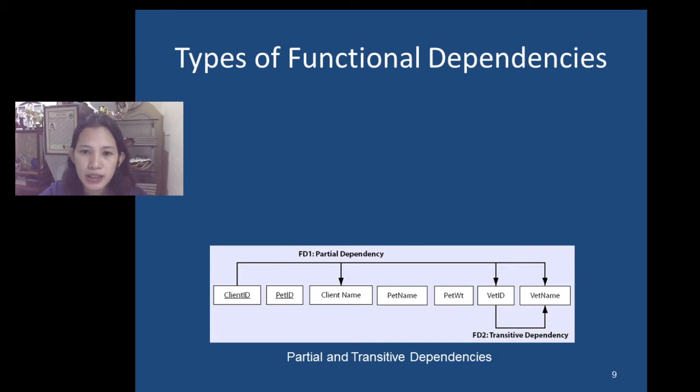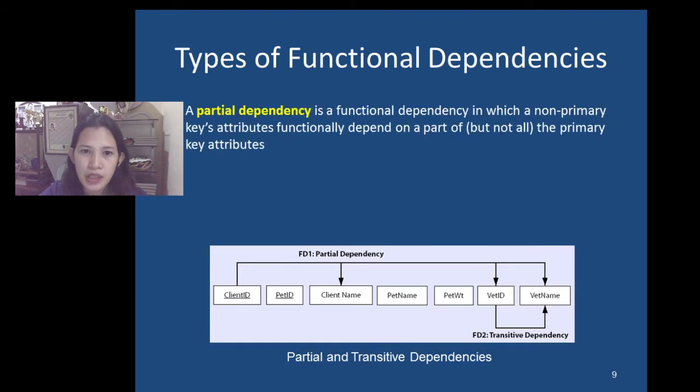Types of functional dependencies. A partial dependency is a functional dependency in which a non-primary key's attributes functionally depend on a part of, but not all, the primary key attributes.